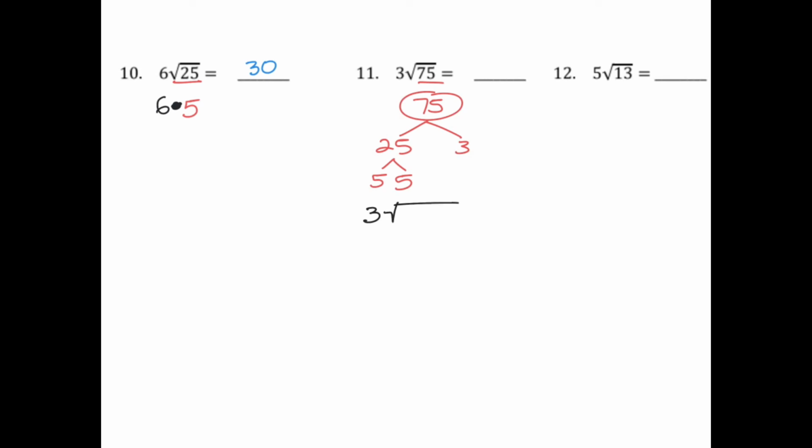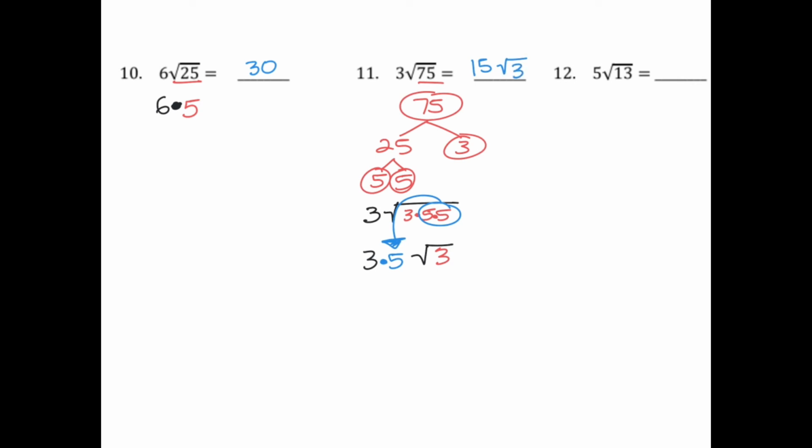We write the 3 that was outside, and then I have two 5's, which means they come out as one 5. They multiply with the 3. And inside the root, we still have a leftover 3. So my final answer will be 3 times 5, 15 square root of 3.